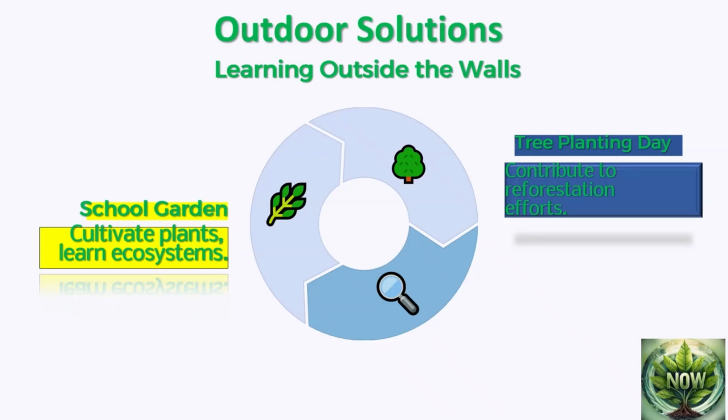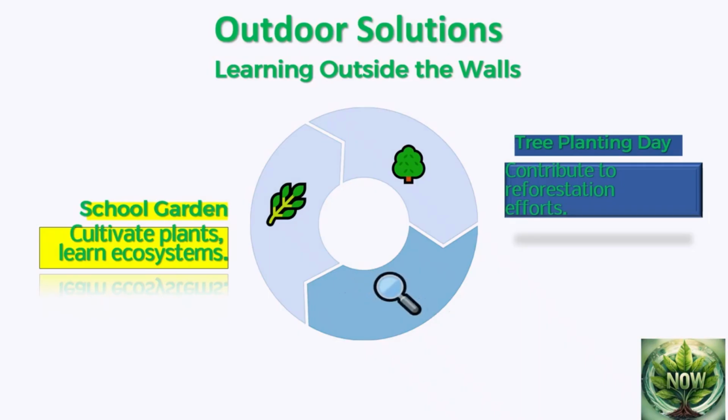Eco-scavenger hunts are more than play. They train observation, curiosity, and attention to detail. Whether it's spotting different types of insects, identifying native plants, or noticing which areas have more litter, students begin to see their surroundings in a new way.